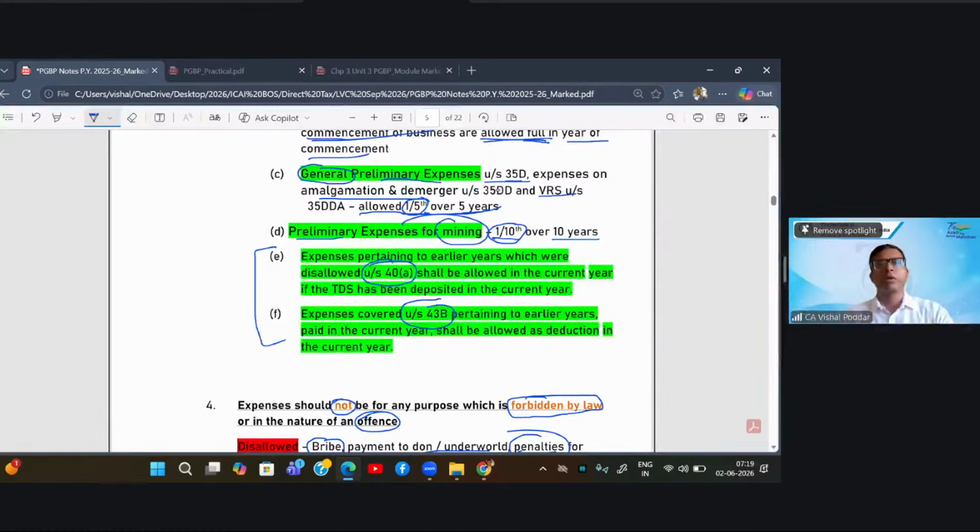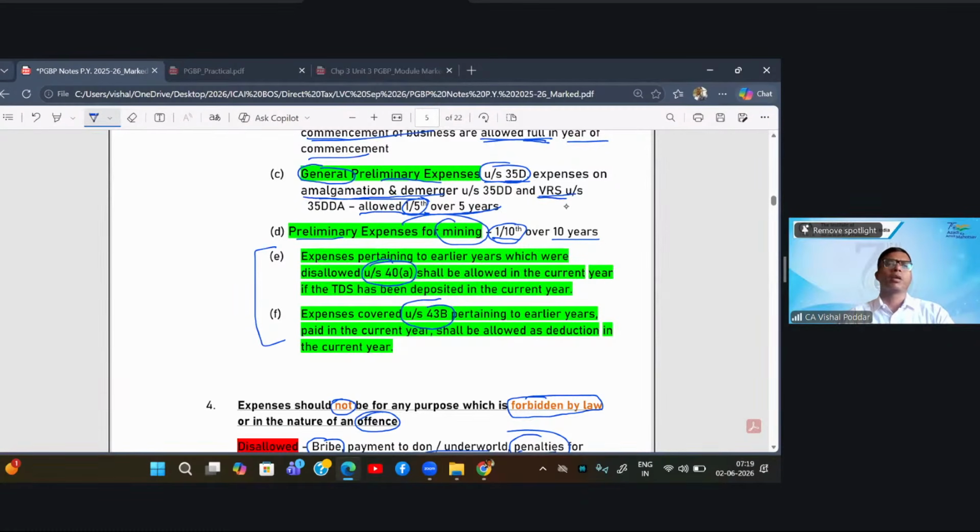Then comes general preliminary expense. This means, like how we consider preliminary expenses in accounts, any other preliminary expense which is incurred for setting up a business, for starting a business, can be claimed as deduction under Section 35. Further, if your company is coming into existence by way of amalgamation, merger, demerger, expenses for that.